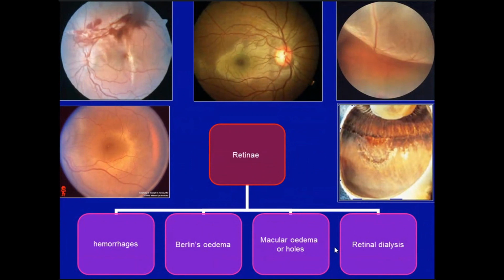Retina, the most important part of the eye, it's a sensitive part of the eye, and we can see different changes. Of course, hemorrhages, you can see Berlin's edema, macular edema, and you can see even retinal dialysis or even retinal detachment.